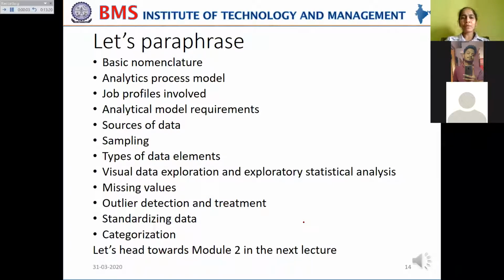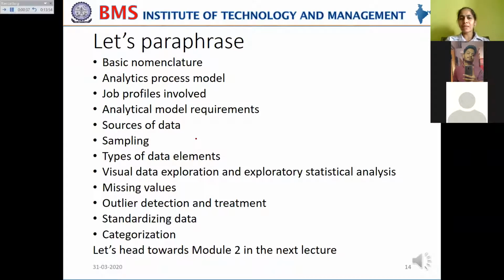So in this chapter, we have seen basic nomenclature, analytics process model, which is a very important topic. Then job profiles involved in this data analysis process, the analytical model requirements to build an optimized model, and the sources of data from where you collect the data, how to perform sampling, and the types of data elements like categorical and continuous data elements.